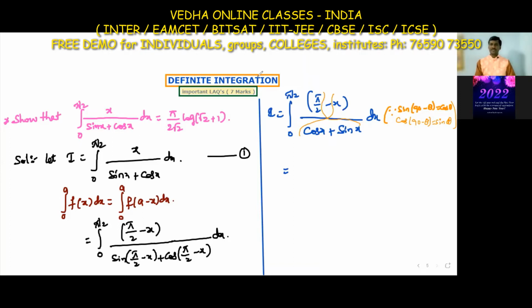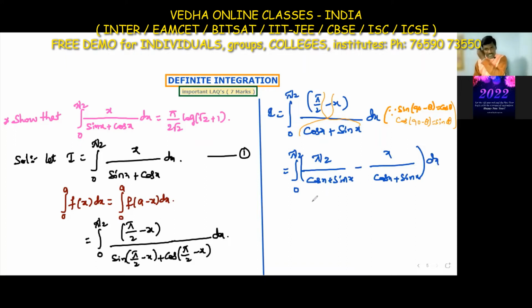Okay, so now we get it as the integral from 0 to pi by 2 of pi by 2 minus x divided by cos x plus sin x, and whole dx is as it is.